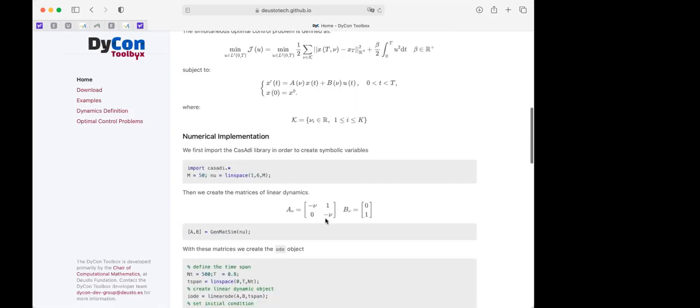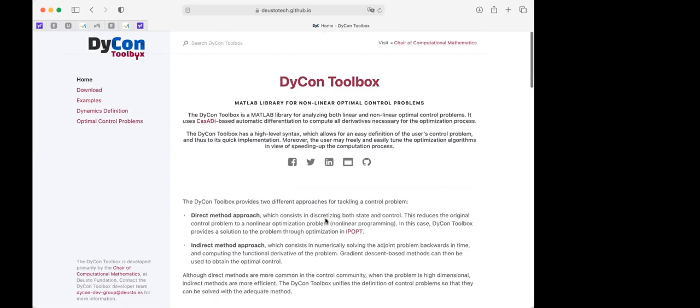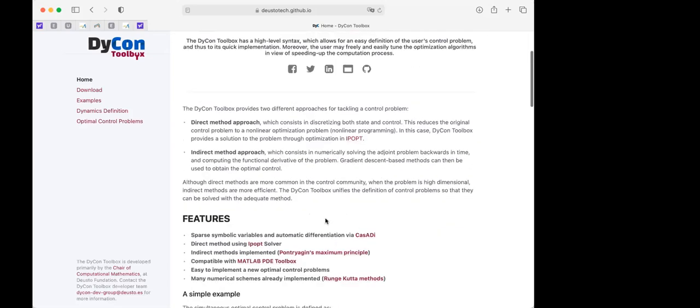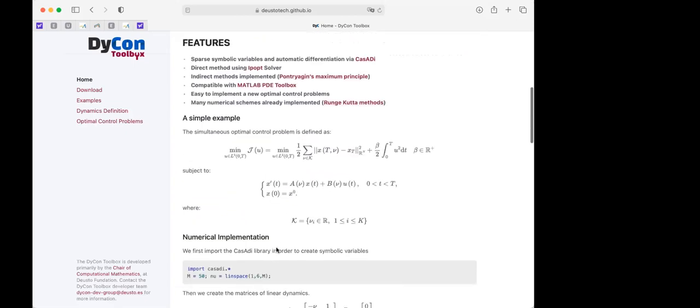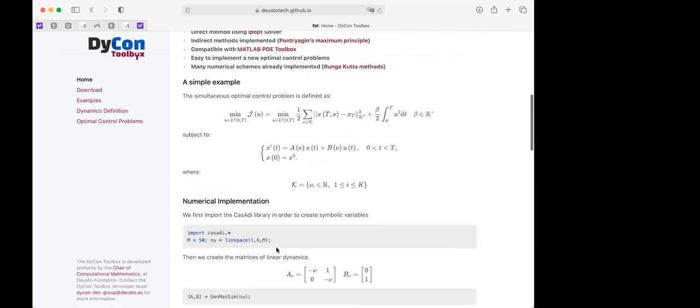So we didn't do anything completely from scratch. Our idea was to do something as simple as possible, so that you can go a little bit beyond the classical control toolbox of MATLAB and develop something more adapted to deal with problems of this form, where you are, for instance, controlling a dynamical system depending on some parameters.